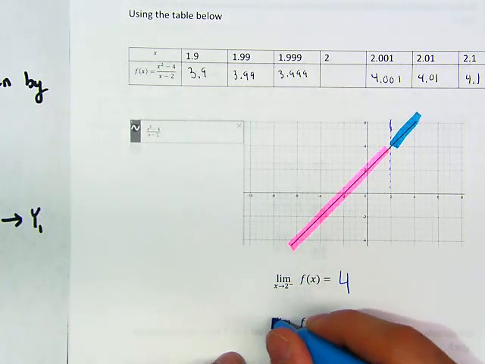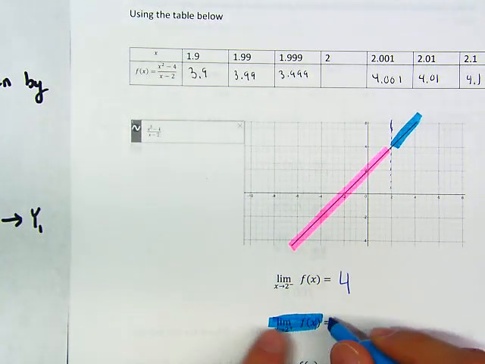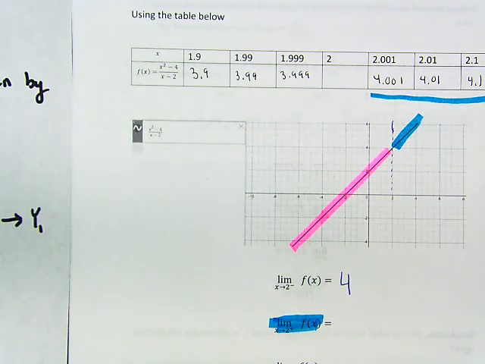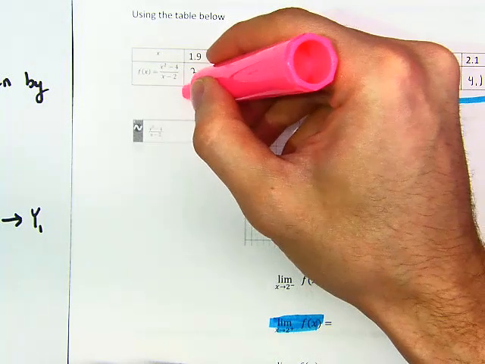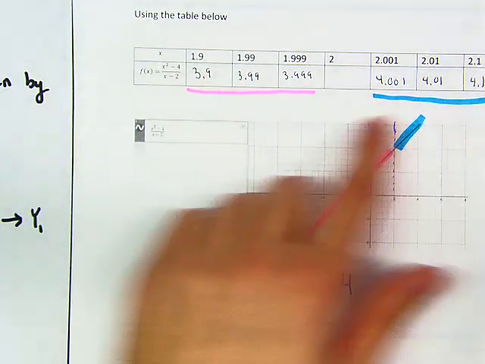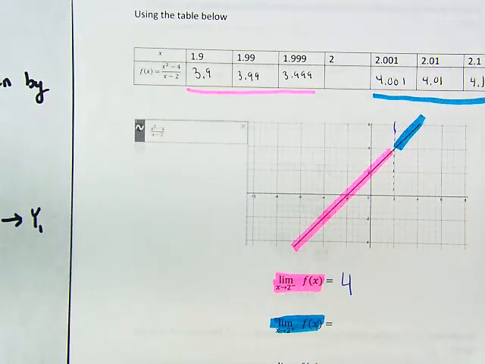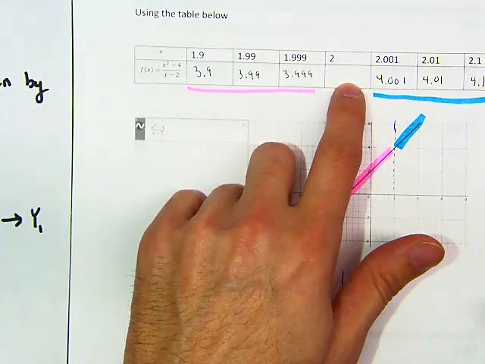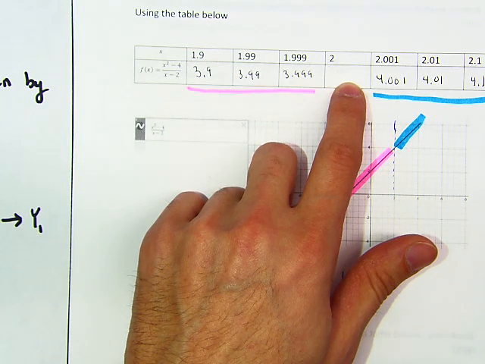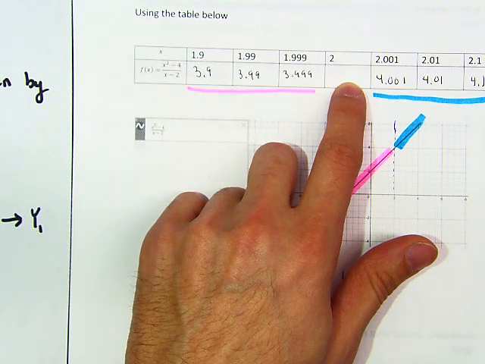Notice that in the blue, these values show that you're going from the right side, and in this pink, these are the x values being shown going from the left side. Notice that it looks like it's getting very close to 4, but when I try to plug in 2 over here, let's take a look. If I go vars, y vars, enter y sub 1, and I plug in 2, what happens?